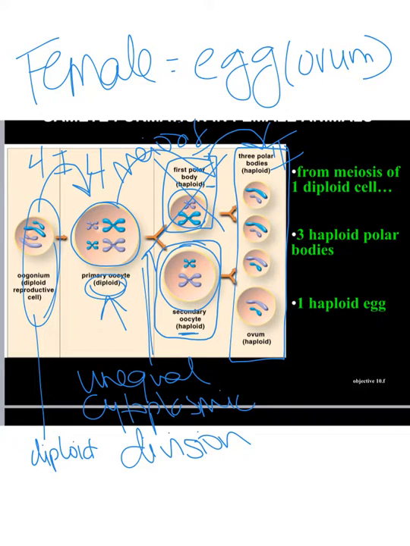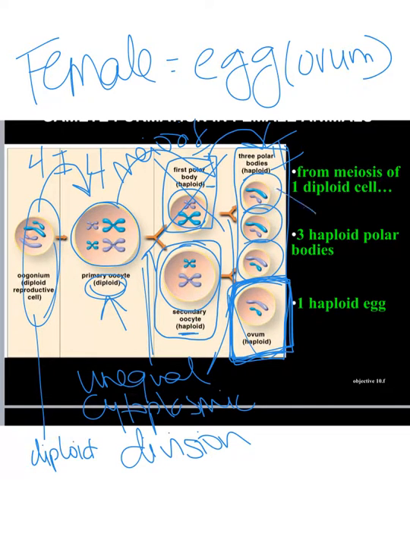Again, we're going to get this unequal cytoplasmic division when we divide both of these cells. And now we end up with 3 of these smaller cells, which are the polar bodies, and only 1 cell that can serve as the ovum, or the egg. All of these cells would be haploid. That's important to remember.